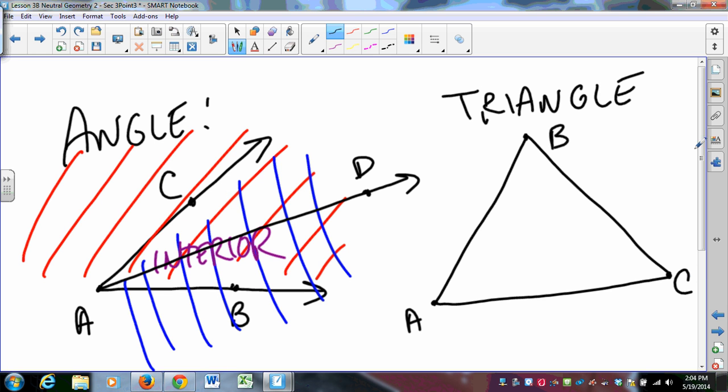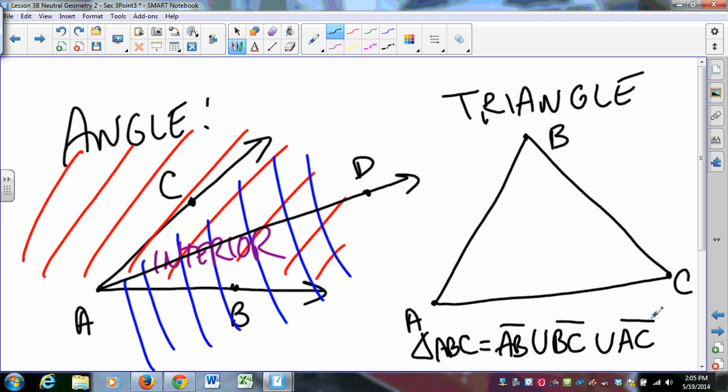And he defines triangles to be non-degenerate triangles, which means that A, B, and C cannot be collinear. So we would say that triangle ABC is the union of three line segments. Now you get three angles as a result, but to define a triangle in terms of its sides is a bit weird.